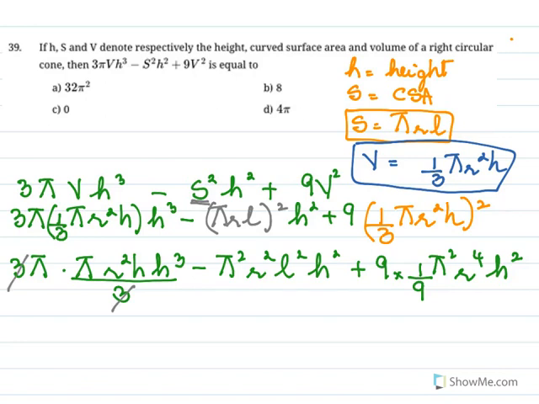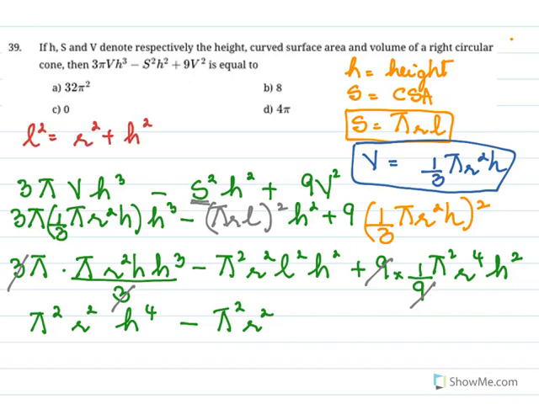Next we'll cancel pi, this 2 also we will cancel. So what remains here is pi into pi is pi square r square h4 minus pi square r square. Now here we got to make a little change. Now we know what is L square. What is L square? L square is r square plus h square.